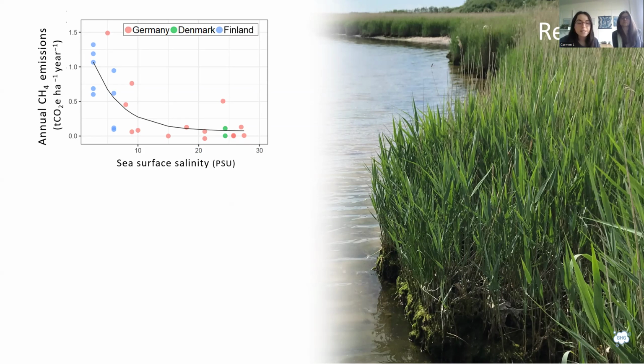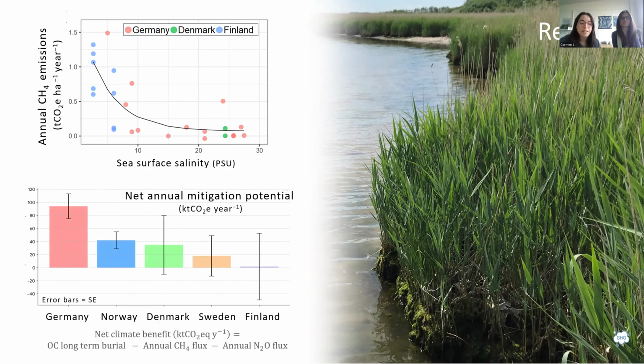And because of this, when we attempt to upscale our values, evaluate the annual mitigation potential of these habitats, we can see that for Sweden and Finland, the salt marshes have the lowest net mitigation potential.